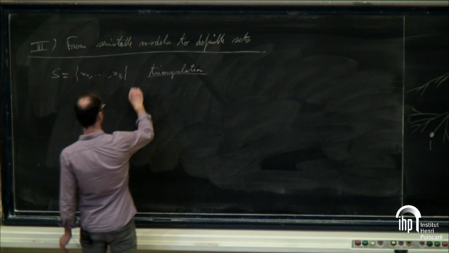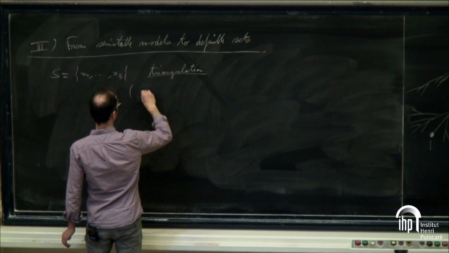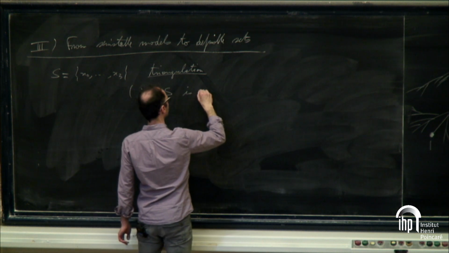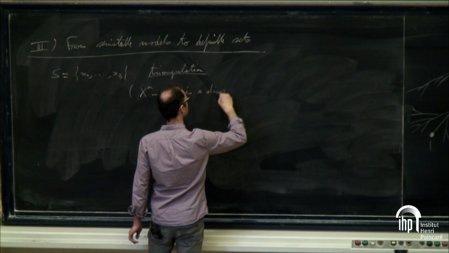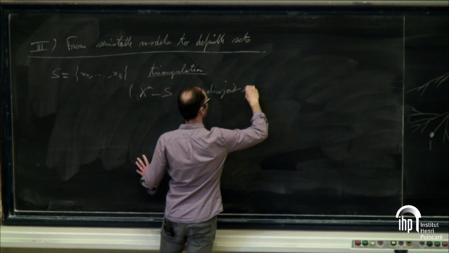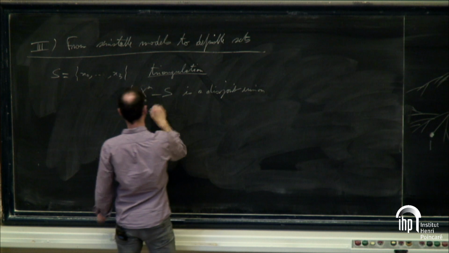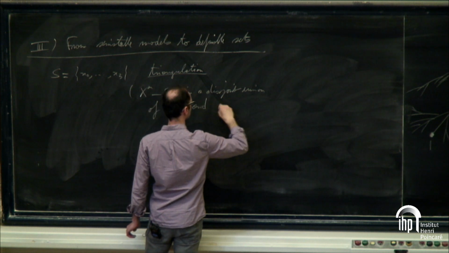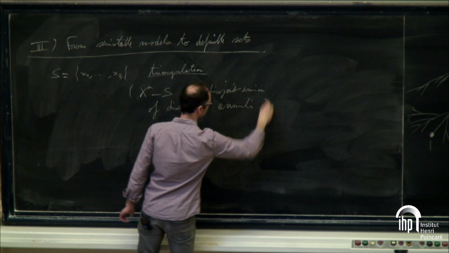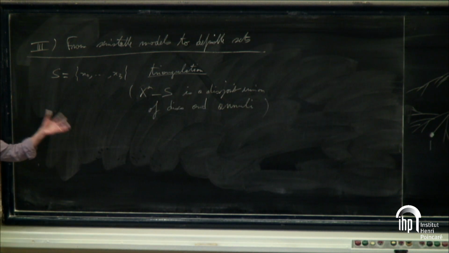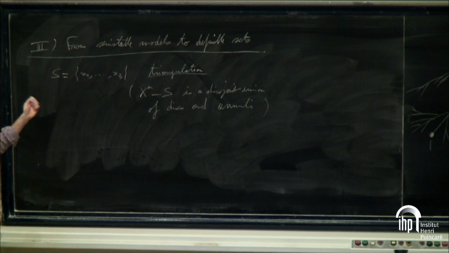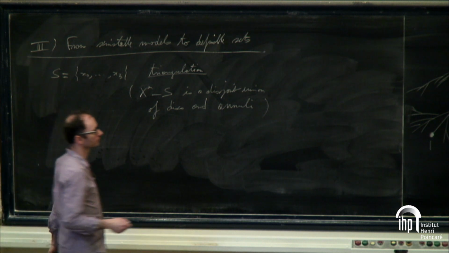Triangulation meaning that the complement is a disjoint union of open disks and open annuli. And disks and annuli we understand. So plus this finite set. So basically you understand all the curve once you have a triangulation.